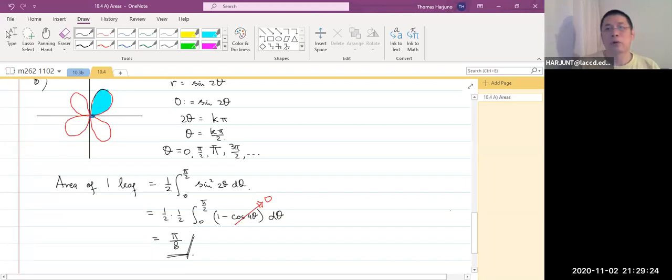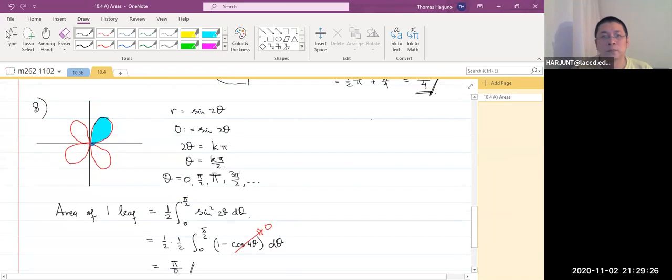How about number 12? Somehow I get a bit bored with this because I keep on just applying the formula. Okay, that's r equals 4 plus 3 sine theta. We want to find the area that it encloses.